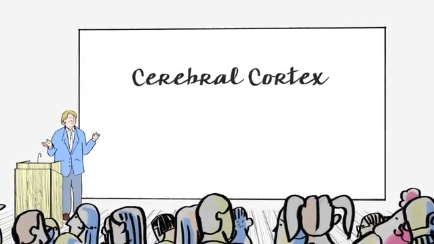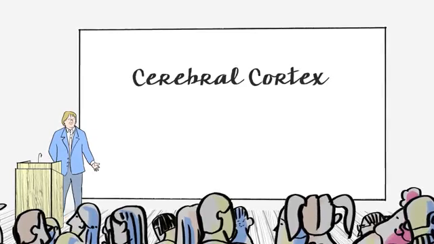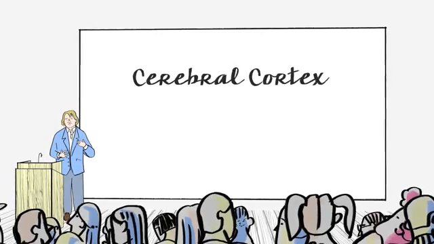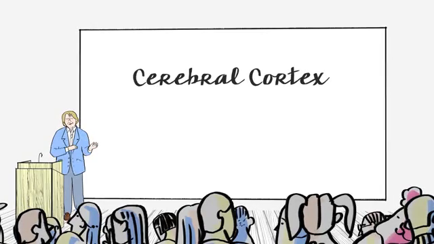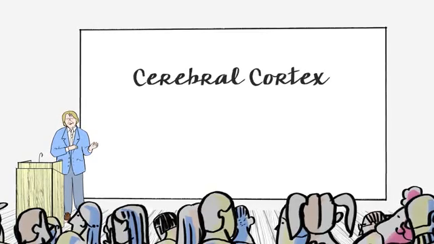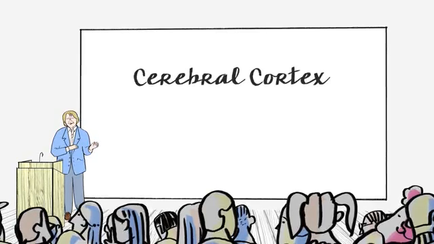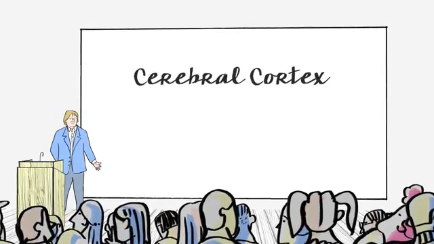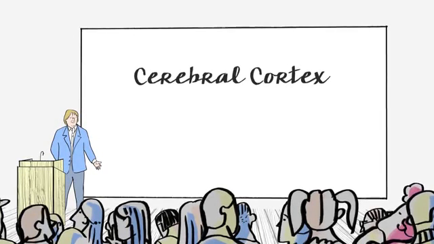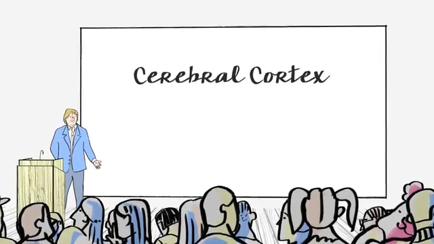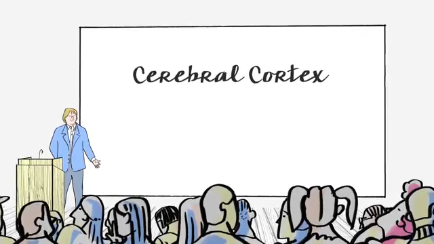We can also look at so-called natural experiments, when people have tumors or strokes or motorcycle accidents and damage part of their brain, and we can ask the question, what damage to which parts of the brain corresponds to damage to which functions? Through these different methods, we've learned about the different parts of the brain and what they do.